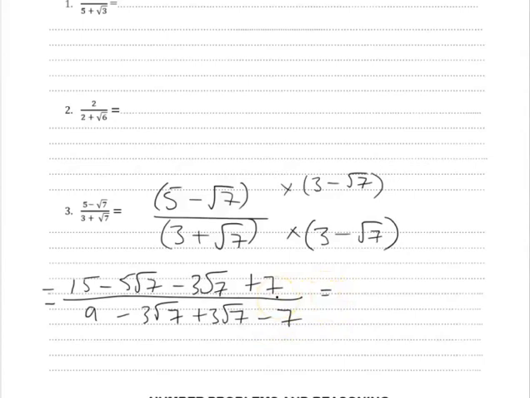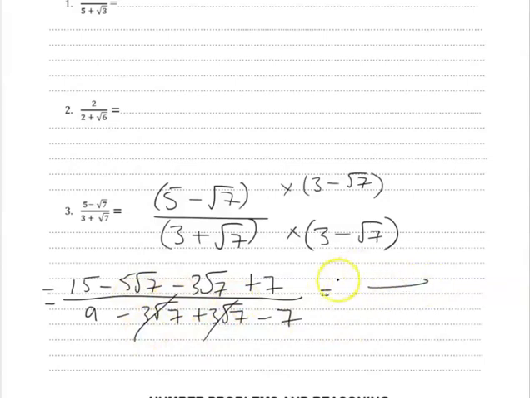Now here, if you notice, everything inside the brackets for the denominator, so you have 3 plus root 7 and then you have 3 minus root 7, everything is the same except for the sign. So here you can also do difference of two squares, meaning that you're just going to get 3 squared minus root 7 squared. So 9 minus 7. Because if we look over here, minus 3 root 7 and plus 3 root 7, they cancel out.